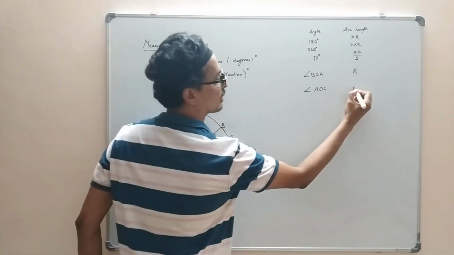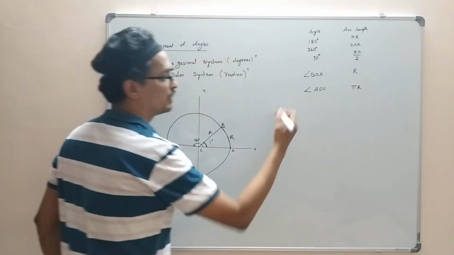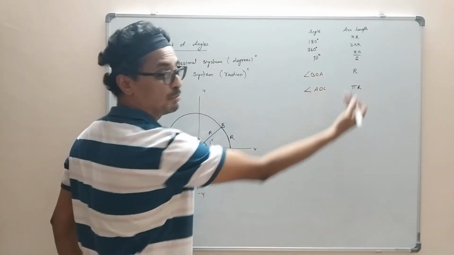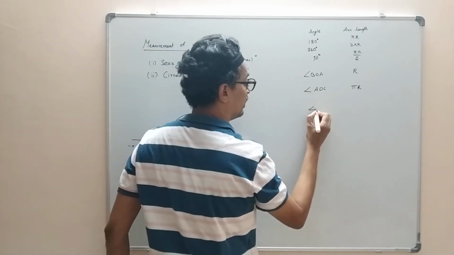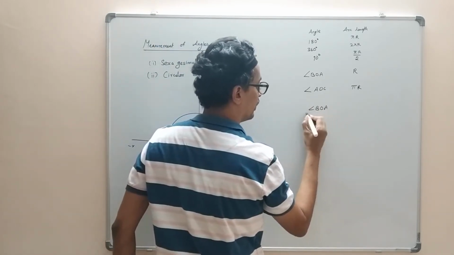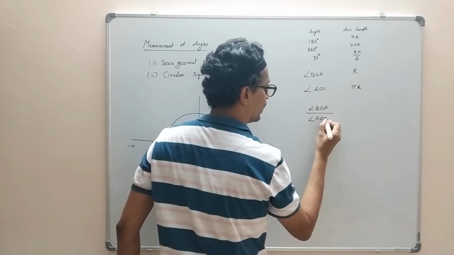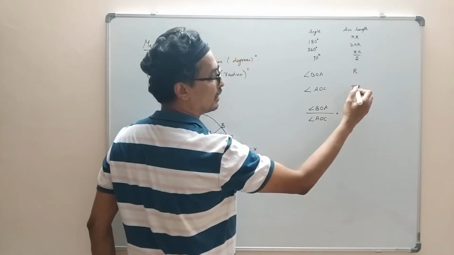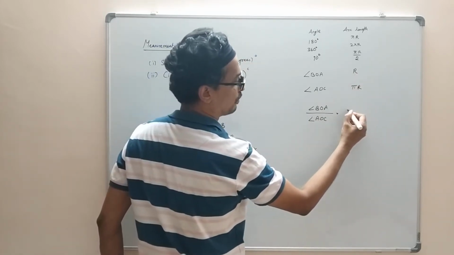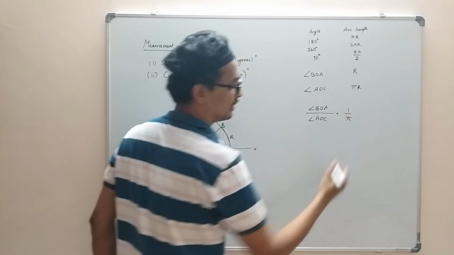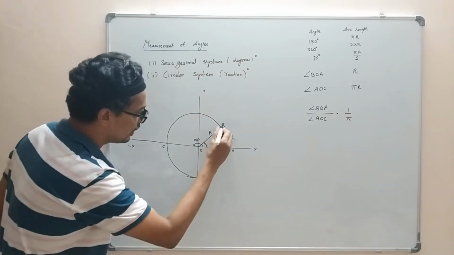Now these are proportional, so the ratios have to be equal. Therefore, angle BOA divided by angle AOC is equal to R divided by pi r. That becomes 1 by pi, as R cancels off.